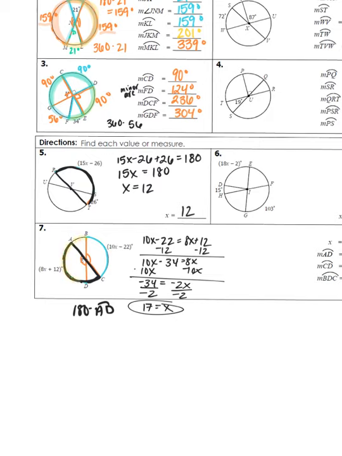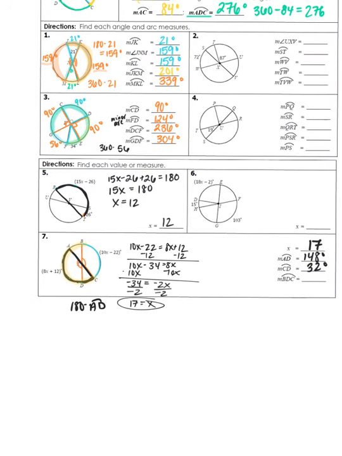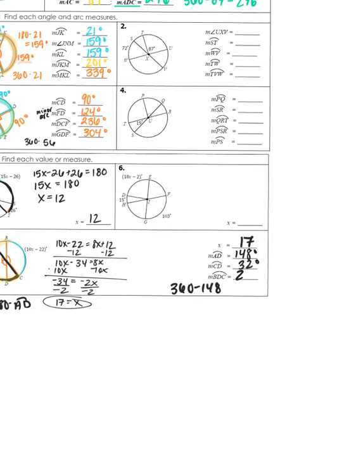So again, we have to follow in that order. It's the entire circle with the exception of arc BC, which I know to be 148. So we could do 360 minus 148, which gives me 212 degrees.